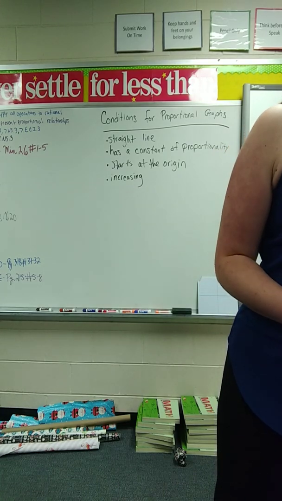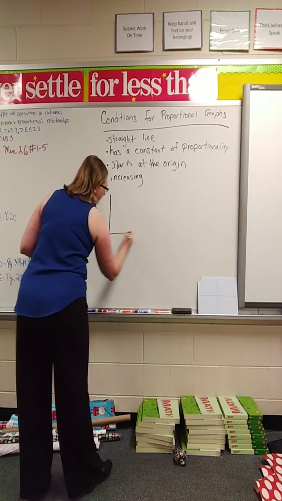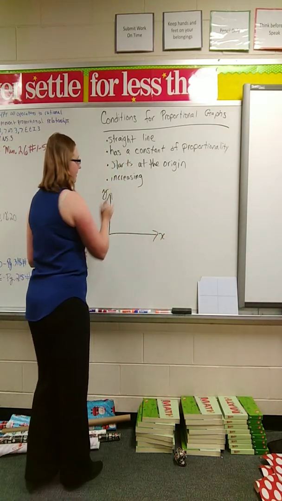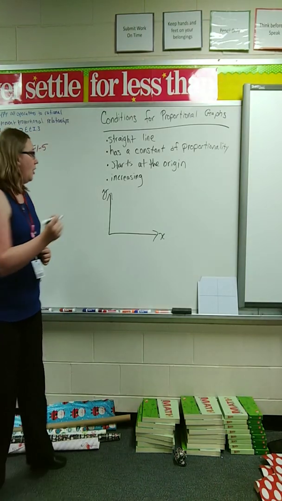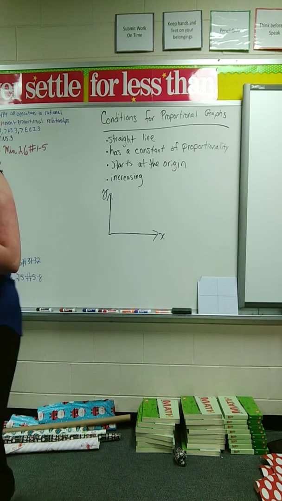When we graph data, we know that we have two axes. We have the x, we have the y. How could we find the constant of proportionality or the unit rate from a graph?